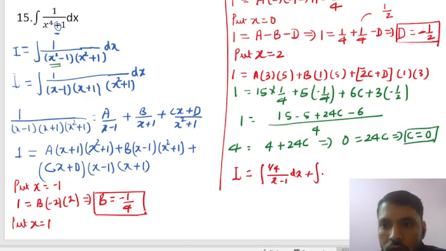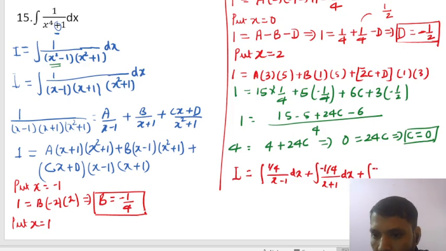B is what? We have minus 1 by 4, and this is divided by x plus 1 dx, plus cx plus d. So only d will be remaining, meaning minus 1 by 2, because c is 0. So here it is divided by x square plus 1, or 1 plus x square also we can say. This is the final form.